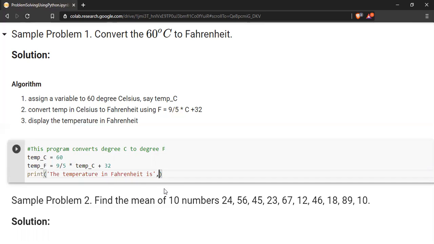All right, so we are going to display the temperature in Fahrenheit. So the temperature in Fahrenheit is, okay, comma, temp underscore F. So it will print the string, the temperature in Fahrenheit, and then it prints the value of the temperature in Fahrenheit.